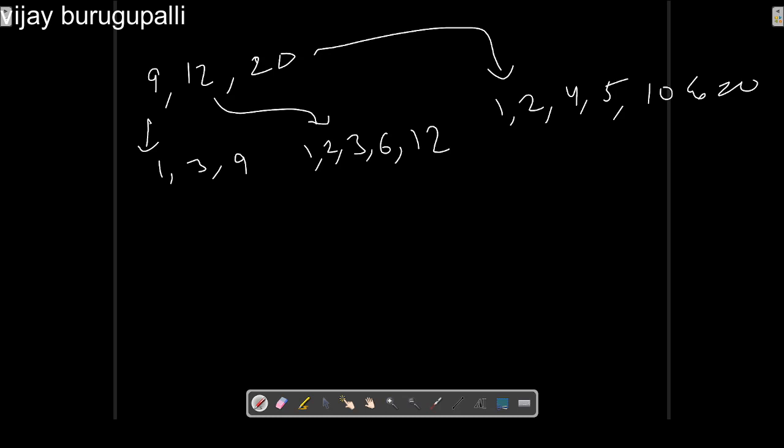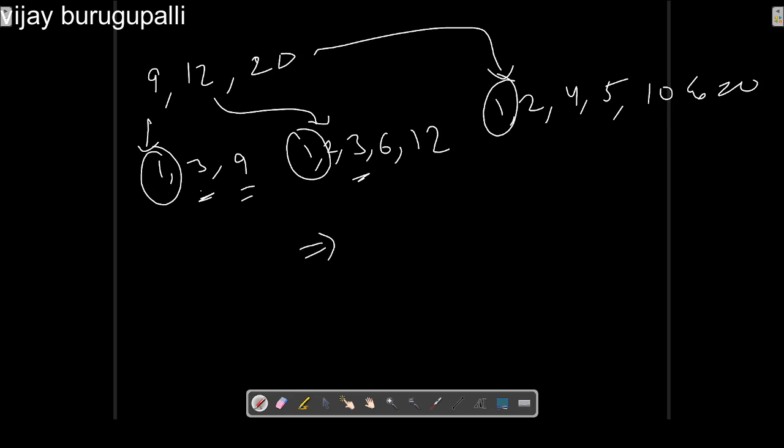Now let's try to find out the common factors among all these three numbers. Here 1 is common, obviously. Next, 3 is present in 9 and 12 but not there as a factor of 20. Then in a similar way, 9 is also not present in the factors list of 12 and 20.